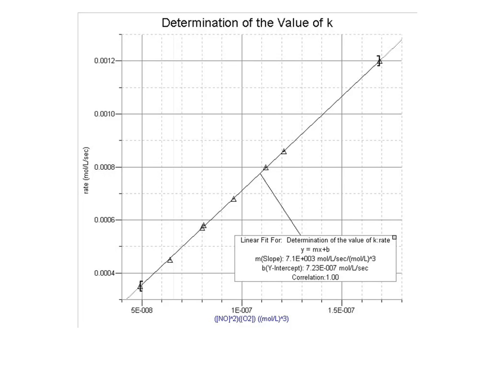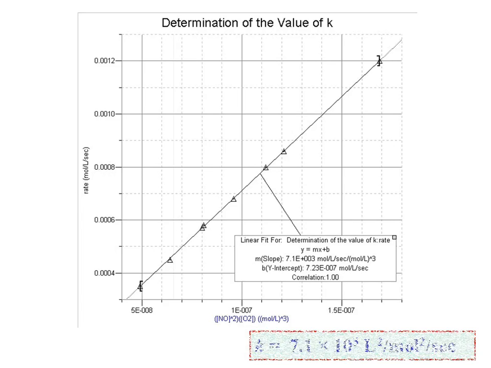So our slope then is K, and we talked about what the units of K would be if it was overall 0, overall first, or overall second order. But this is overall third order, because 2 plus 1 is 3. So the units of K, in order to cancel out the units brought by molarity, are going to be inverse, so I can't remember.